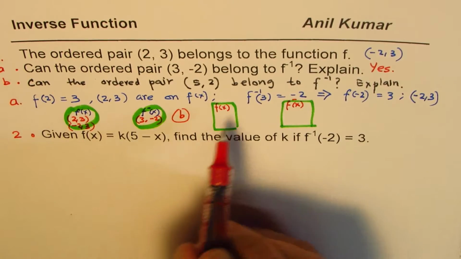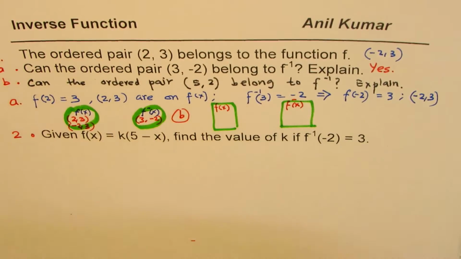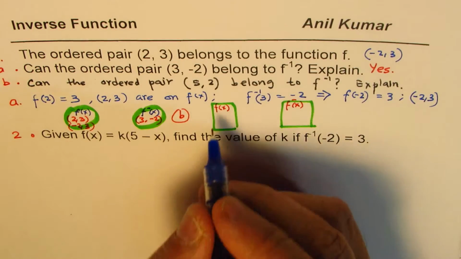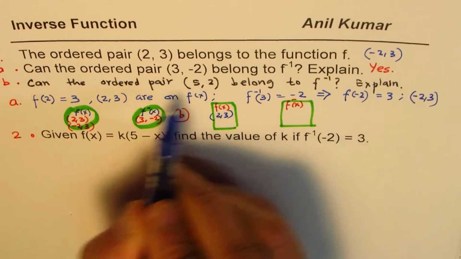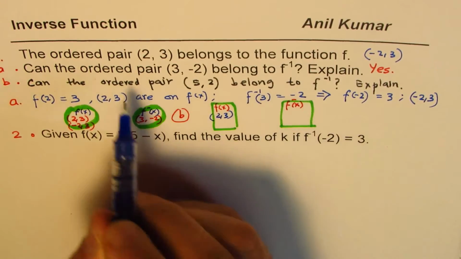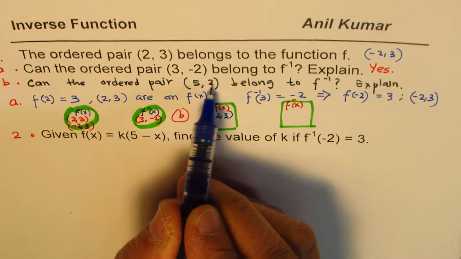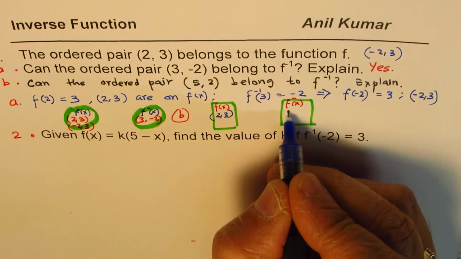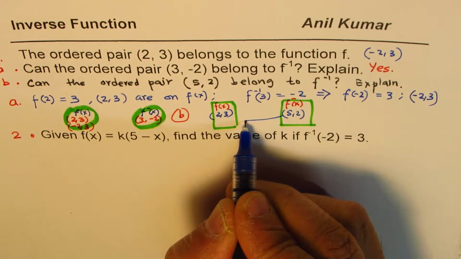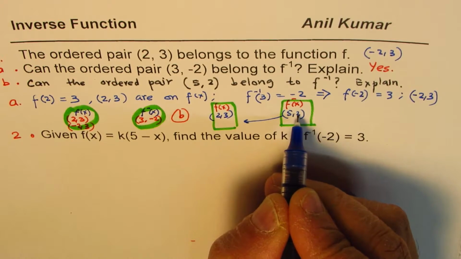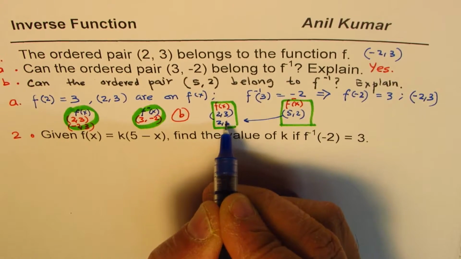Now the function has the point (2, 3). Let me write down this point. Now we are looking into part B: can the ordered pair (5, 2) belong to f inverse? If I write (5, 2) here, then on this side it should be (2, 5).